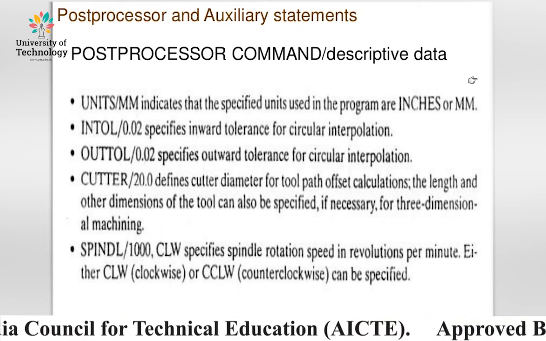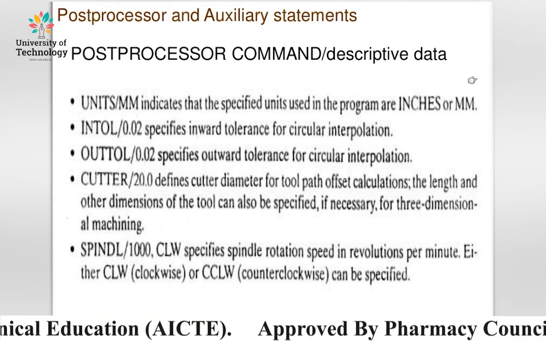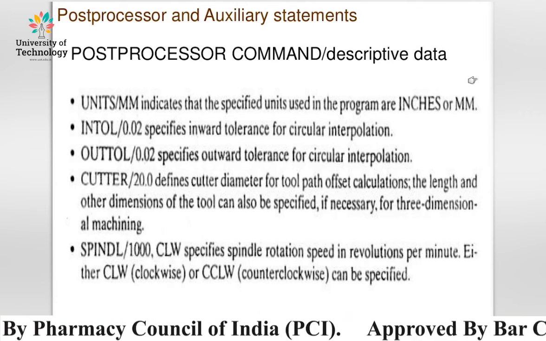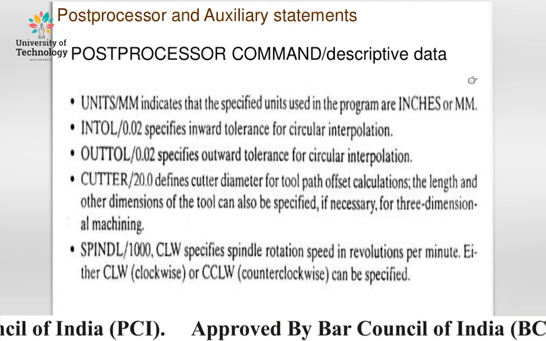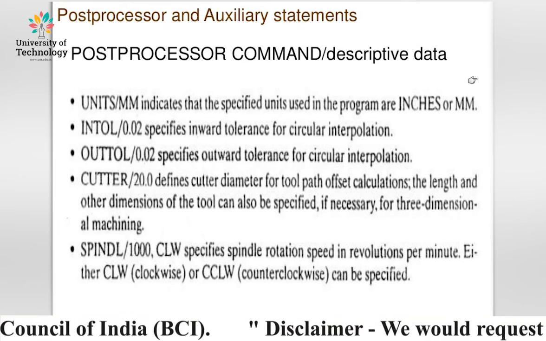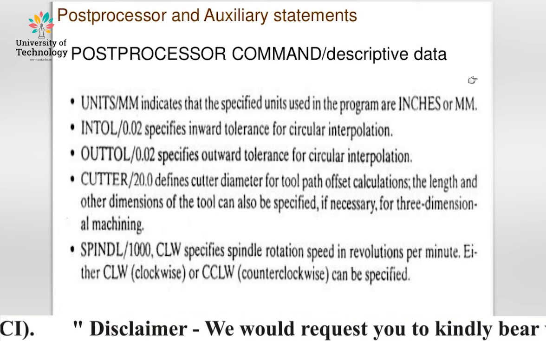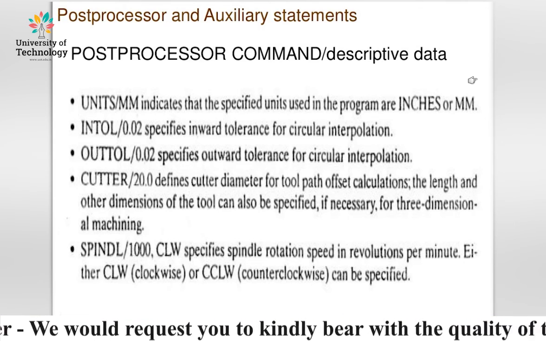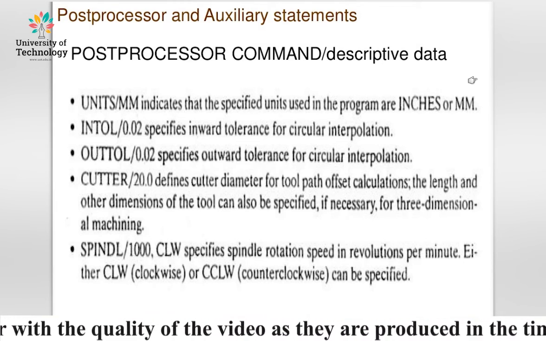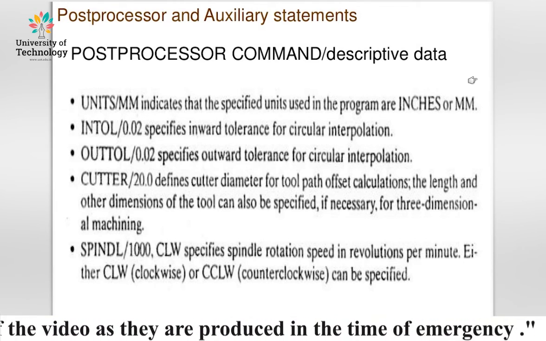Here is units: write UNITS oblique MM. It indicates that the units specified in the program are inches or mm. INTOL and internal tolerance oblique 0.02 specify inward tolerances for circular interpolation.